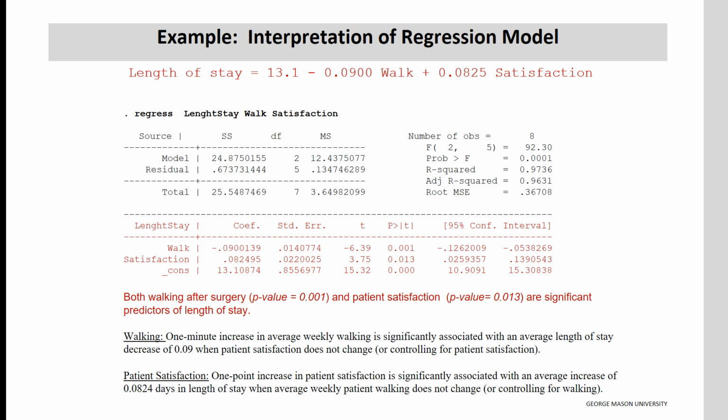Similarly, for patient satisfaction, you might say that a 1 point increase in patient satisfaction is significantly associated with an average increase of 0.0824 days in length of stay when average weekly patient walk-in does not change, or controlling for walk-in. And indeed, for satisfaction, we notice that the p-value is 0.013, which indicates that this is also a significant predictor of length of stay.